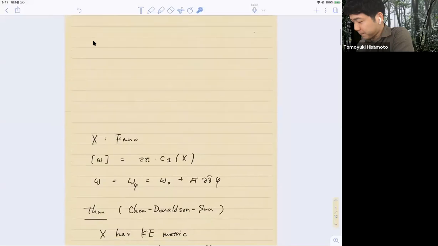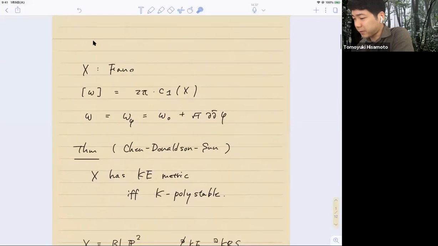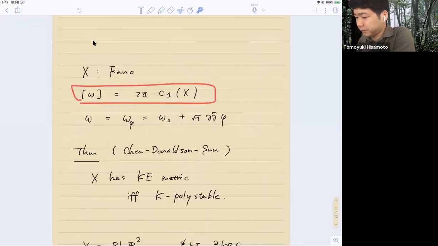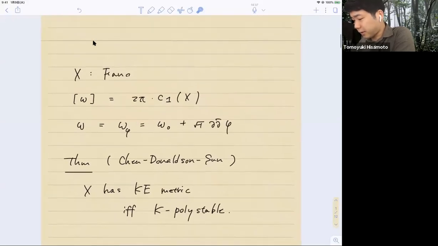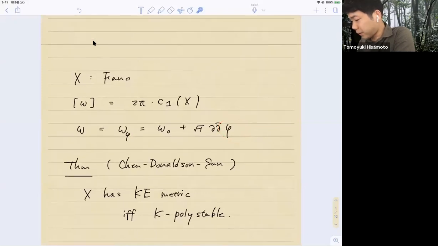And in this talk, we're interested in the Fano manifolds and some scalar metrics in the first Chern class. Fix this Chern class, and then any such metric can be written by some scalar potential function phi, which I wrote here, if we fix some reference metric omega 0, like this.